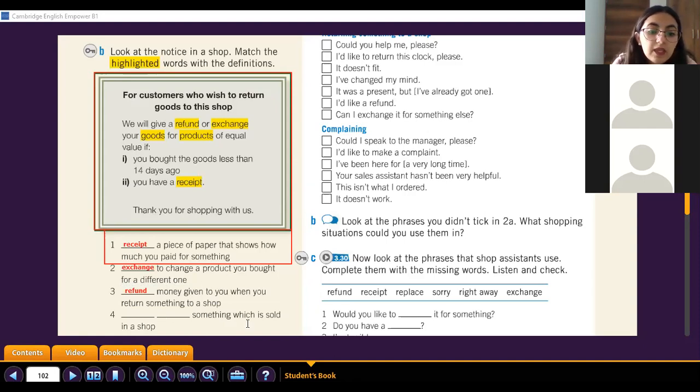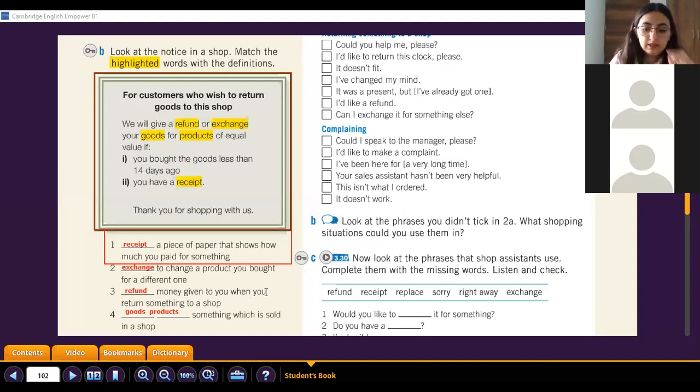And finally, something which is sold in a shop. The products. Goods and products. Goods and products. Bienes y productos nos dice. Products.